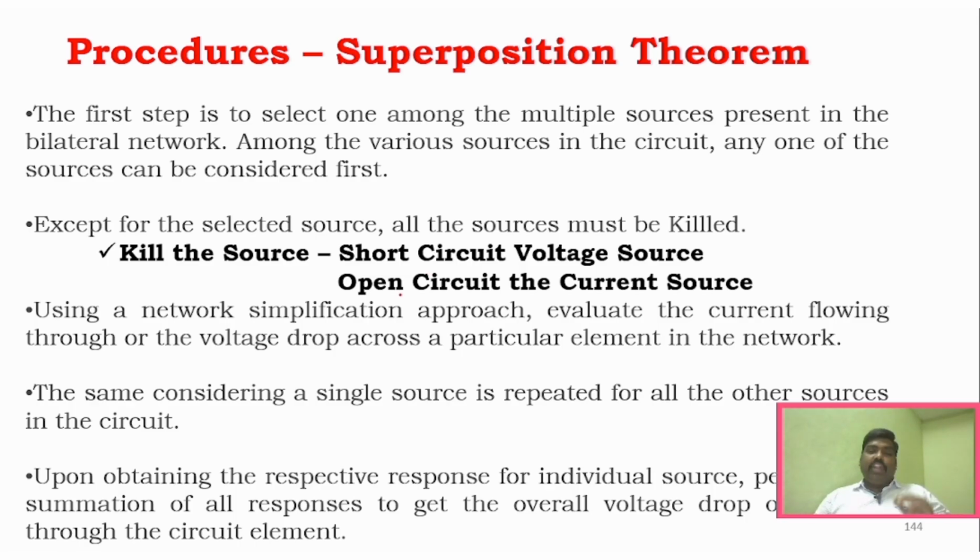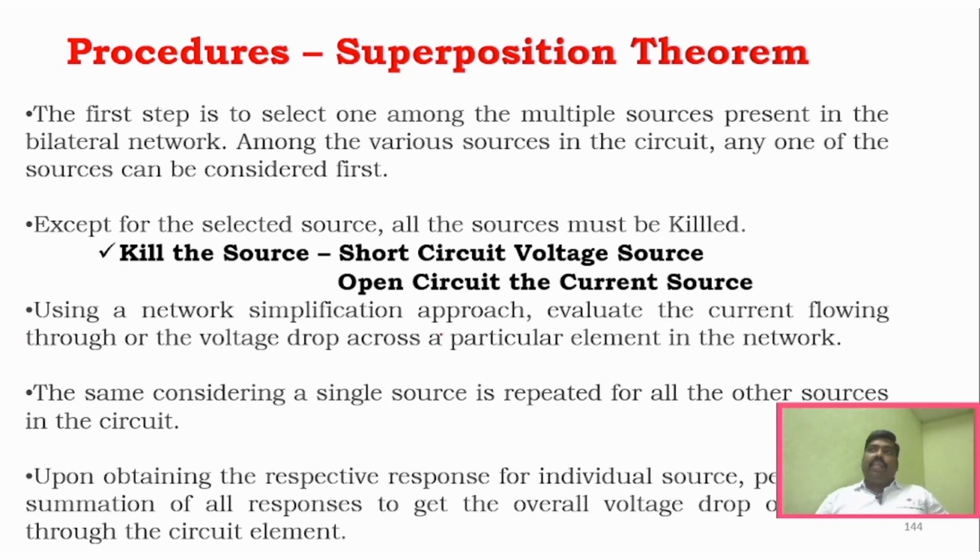Then you simplify the network. For that, you need the basics of mesh analysis and nodal analysis. You can use any method, matrix method or equation method, to solve that particular circuit.